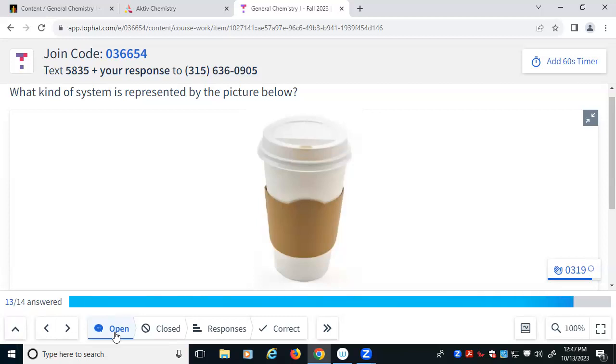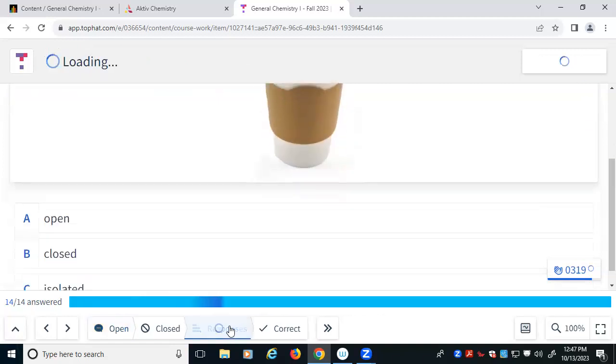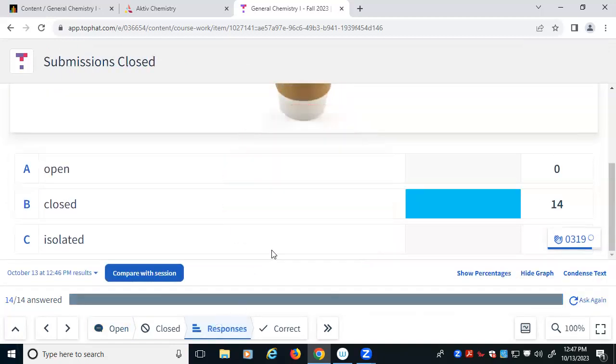So once again here, I think we can probably eliminate isolated from our options. Even the really good coffee cups, especially these paper ones, really struggle with keeping coffee warm for more than a matter of minutes. So what did we say? Okay, most of us are on the closed train.